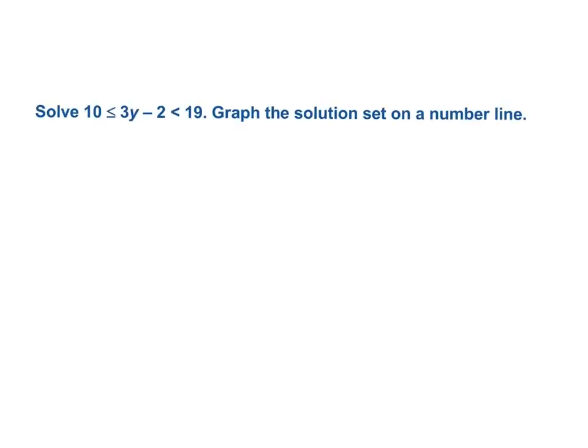So here's our first example, and I'm going to show you two different ways that you can set this up, and then I'm going to have you solve it. Notice here, most of the directions are going to say solve, and then it's also going to say graph. So let me show you two different ways that you can set these up, and then at the end of the day, you're going to go ahead and solve them yourself.